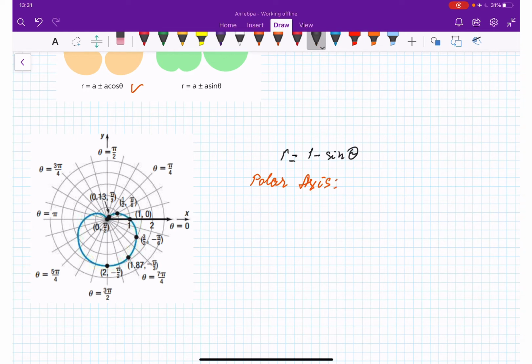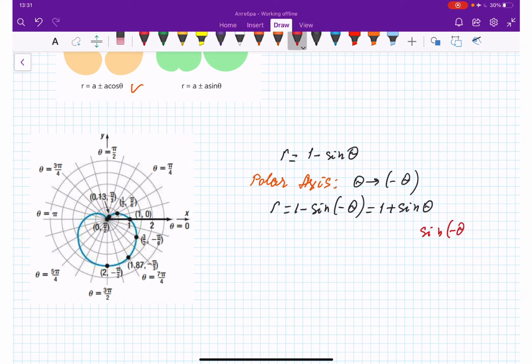I'm going to replace theta by negative theta. And I'm going to have r equals 1 minus sine of negative theta, which equals 1 plus sine theta. Why is that? Because sine is an odd function. Let me write down here, sine of negative theta equals negative sine theta.